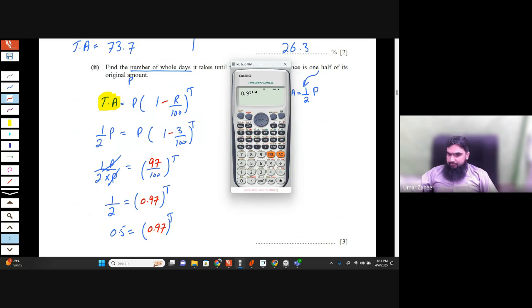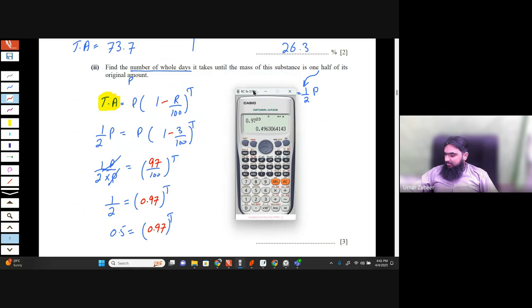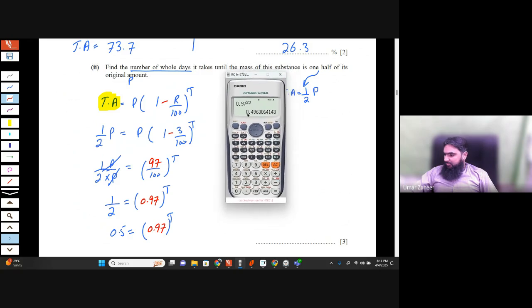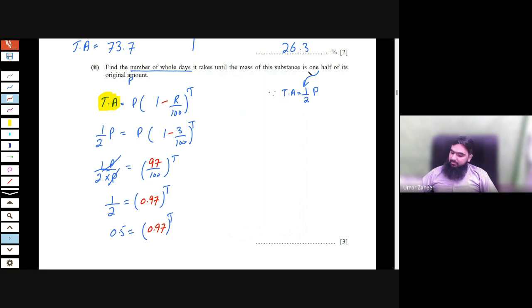Okay, let's check on 23 days. 23 days, it's 0.49. And if I'm going to take 22, yes, it is going to be.